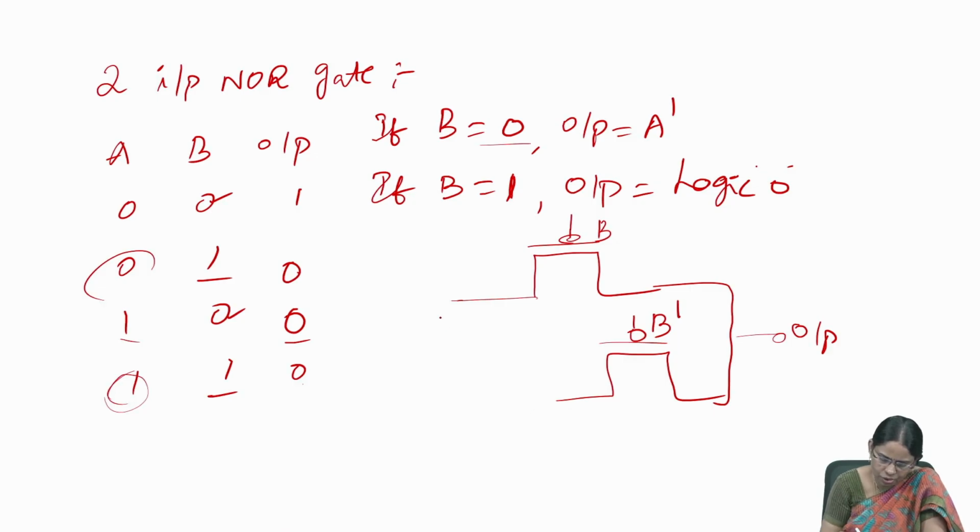So at B equals to 0, output is A dash. At B equals to 1, output is logic 0. In that way you can implement a 2 input NOR gate by using PMOS logic as well as NMOS logic at different control signals. So you can take the control signal either A or B.